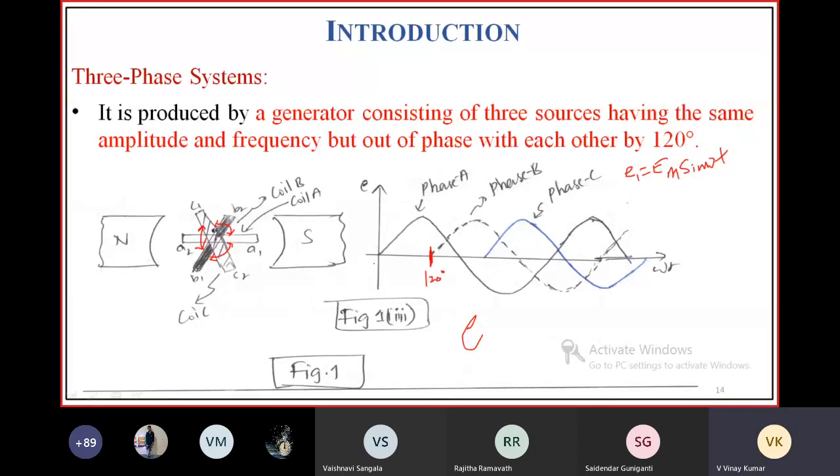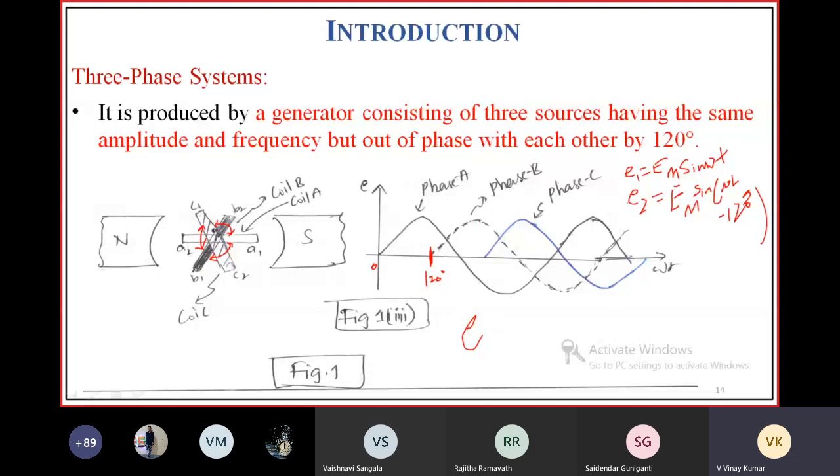The voltage produced by phase A starts from 0 degrees, whereas the voltage produced by phase B starts from 120 degrees. This lags this. So you can write E2 is equal to EM sin of omega t minus 120 degrees.